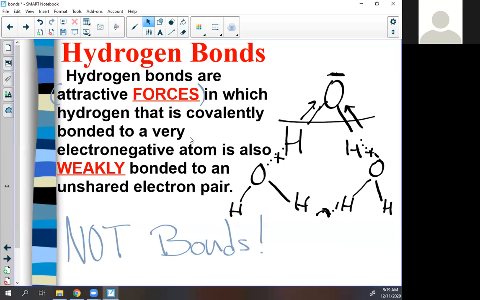So if you look right here, we know water's polar, which means that the oxygen is slightly positive, or sorry, slightly negative. I was looking at that plus. It's slightly negative. Hydrogen was left slightly positive. And so since it's sort of positive and oxygen's a little bit negative, they will attract to each other like two magnets attract.